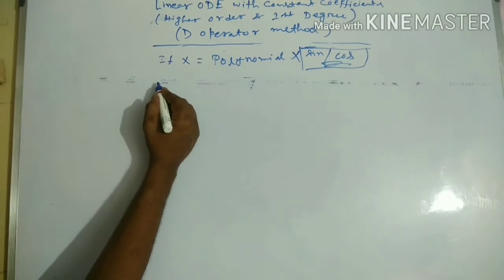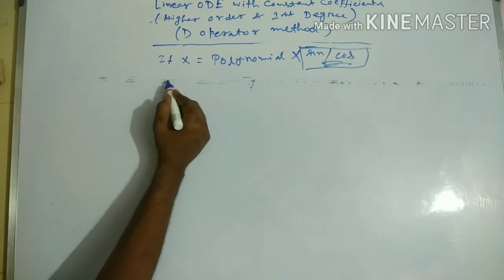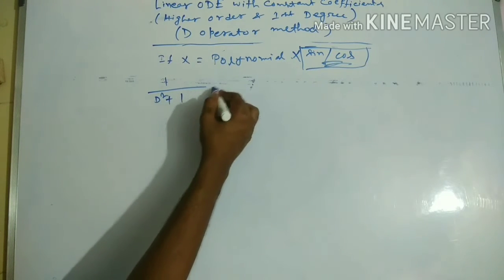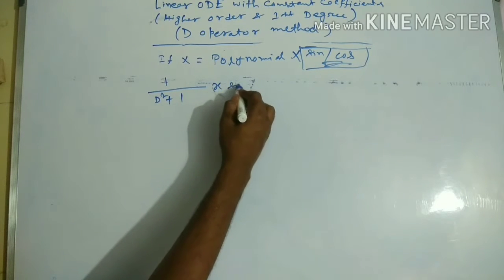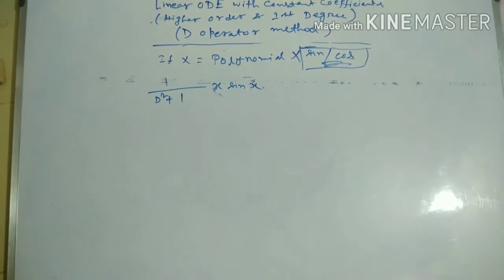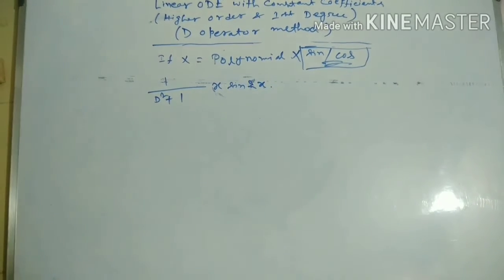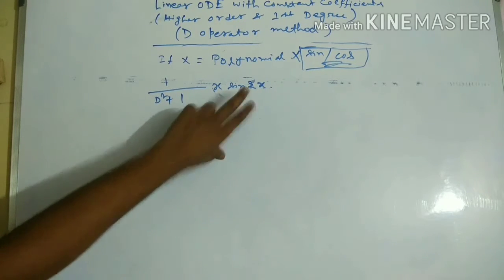I am giving an example. This method is quite lengthy. Suppose there is 1 by D square plus 1 operating on x sine 2x. Suppose this is a product of a polynomial, x is a polynomial, and a sine function.